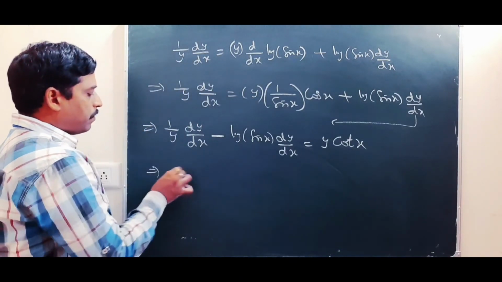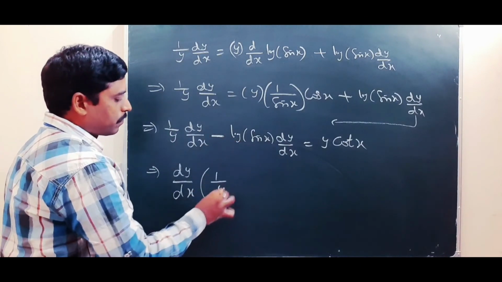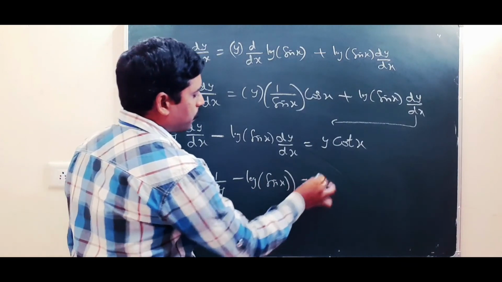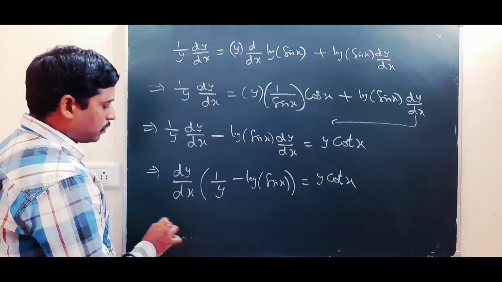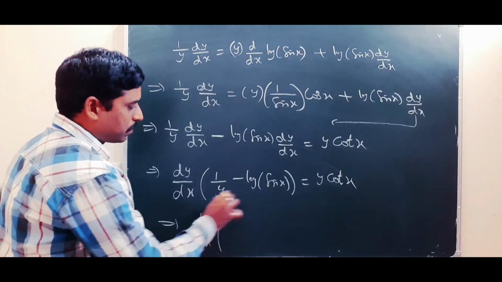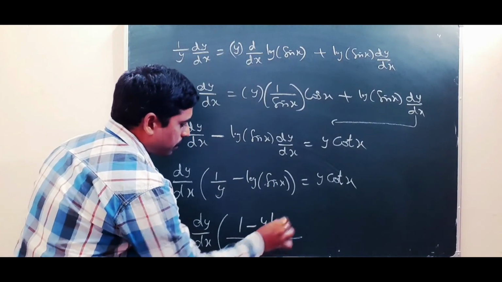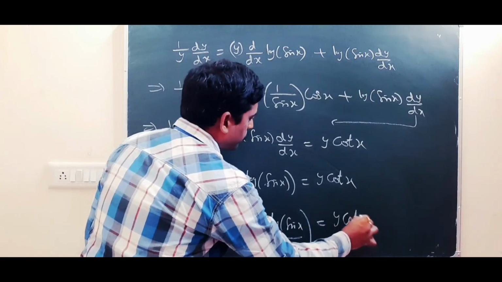So in this, take dy by dx common. 1 by y minus log sin x is equal to y cot x. Okay. So our target is dy by dx. So dy by dx into, let us do LCM. So y is the LCM, 1 minus y log sin x. This will be y cot x.